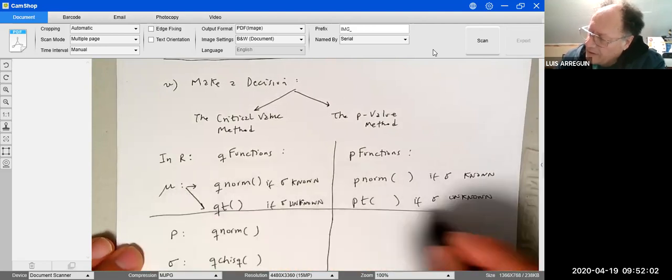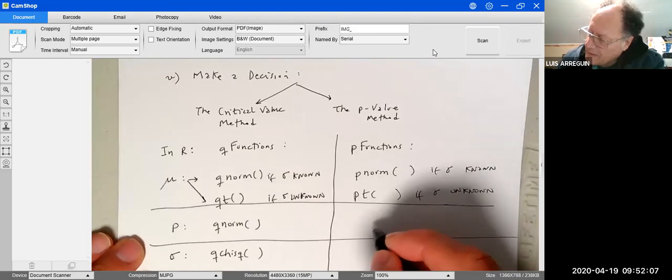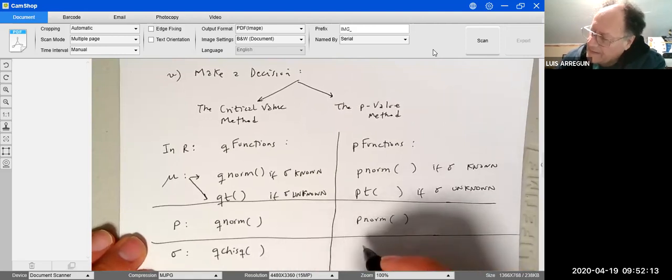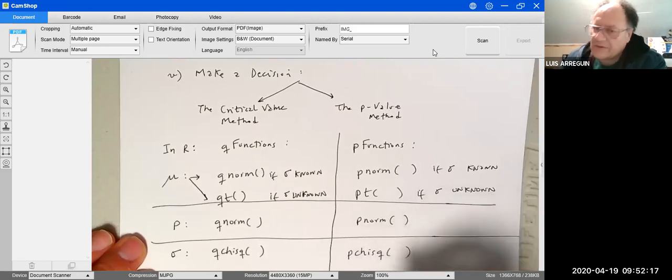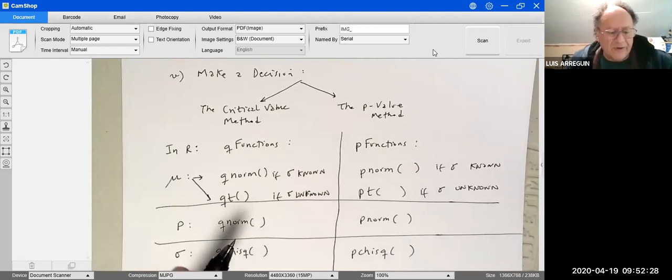And for proportions, we're going to use pnorm again, and for the standard deviation, we're going to use pchisq. So you see it's the same thing every time. These are very similar to the functions that we used to create confidence intervals in our previous chapters.